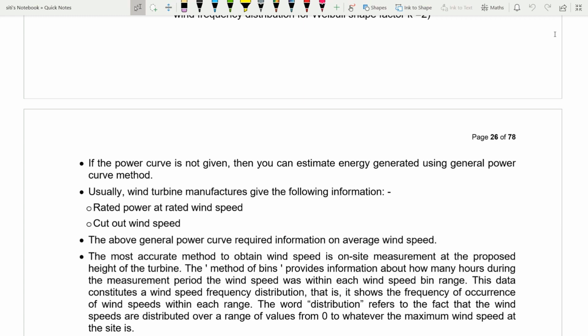The method of bins provides information about how many hours during the measurement period the wind speed was within each wind speed bin range. This data constitutes a wind speed frequency distribution. That is, it shows the frequency of occurrence of wind speed within each range. The word distribution refers to the fact that the wind speeds are distributed over a range of values from 0 to whatever the maximum wind speed at the site is.